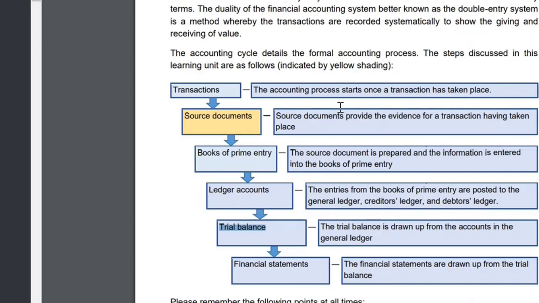So when you're recording your transaction, you are following the accounting cycle. At the present moment, we are looking at source documents, so that we are able to identify a source document in a transaction.